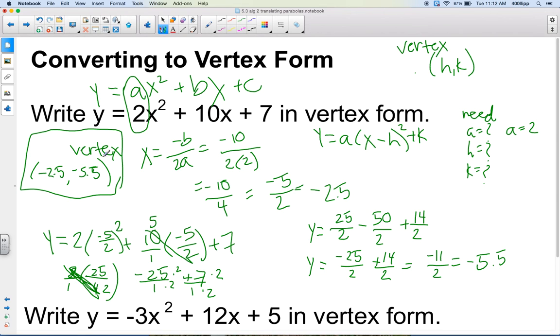Okay, so now I know the vertex, I know the value of a, and the value of h, because this is really h comma k, because I know that h and k is the vertex. h is negative 2.5, and k is negative 5.5. So now we're going to just plug all of this in.